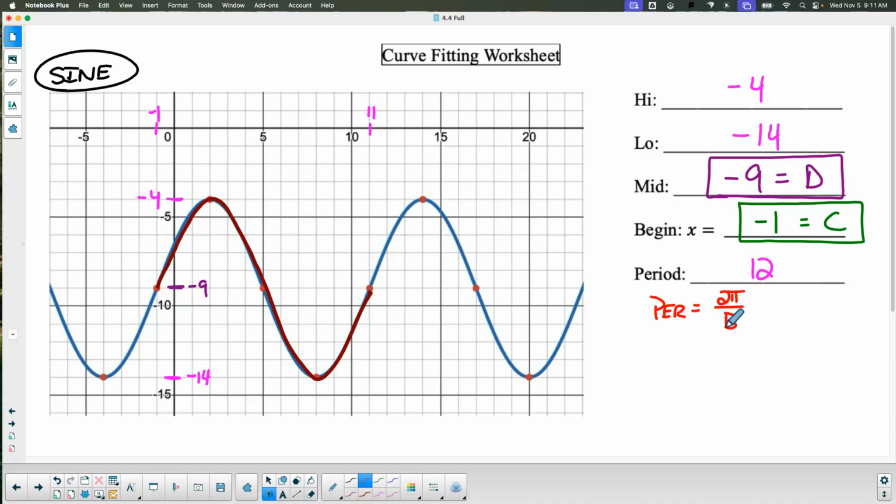So in this case, 12 is going to equal 2 pi over b. So b is going to equal 2 pi over 12, or b is going to equal pi over 6.